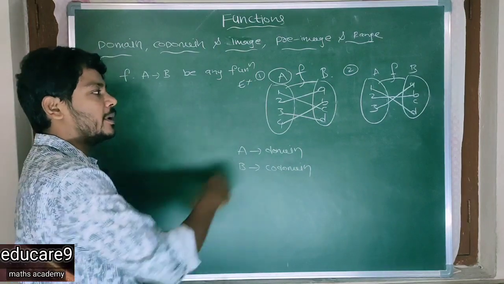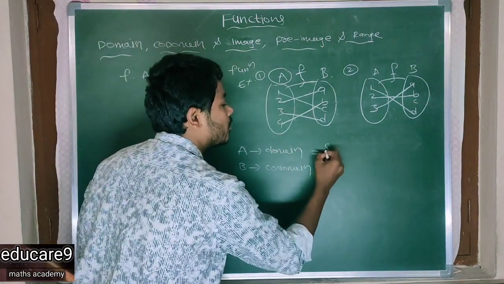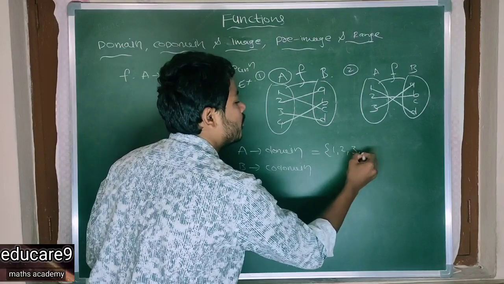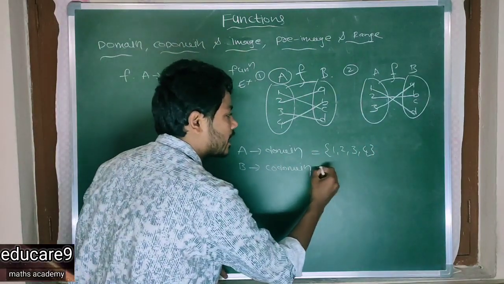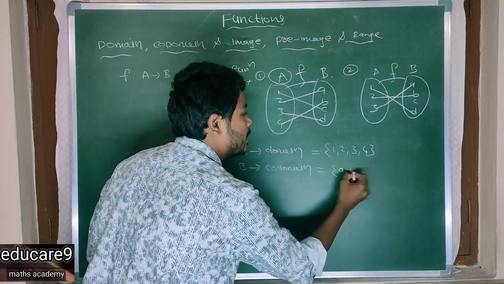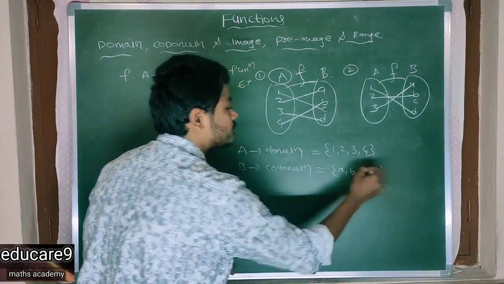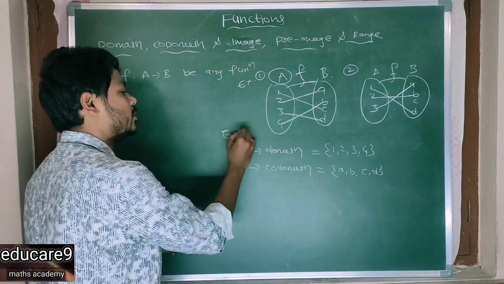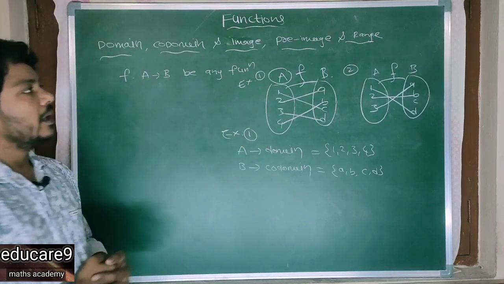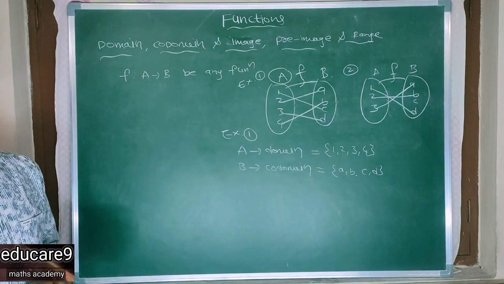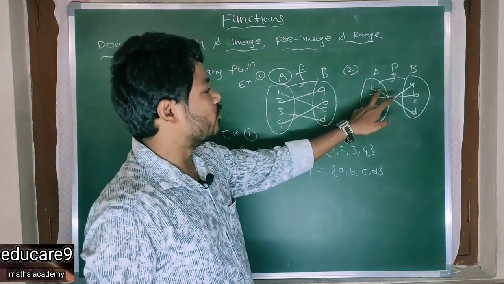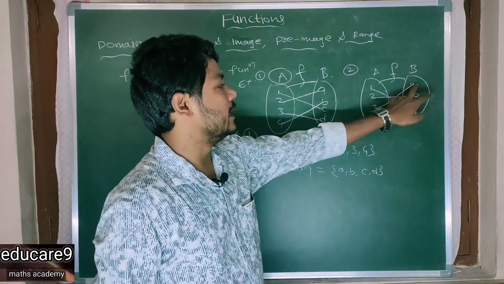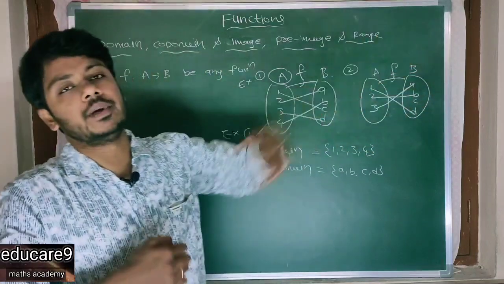So what are the domain elements? 1, 2, 3, 4 are the domain elements, and the codomain elements are A, B, C, D. This is example 1. In example 2, what is the domain? 1, 2, 3 are the domain. A, B, C, D are the codomain.